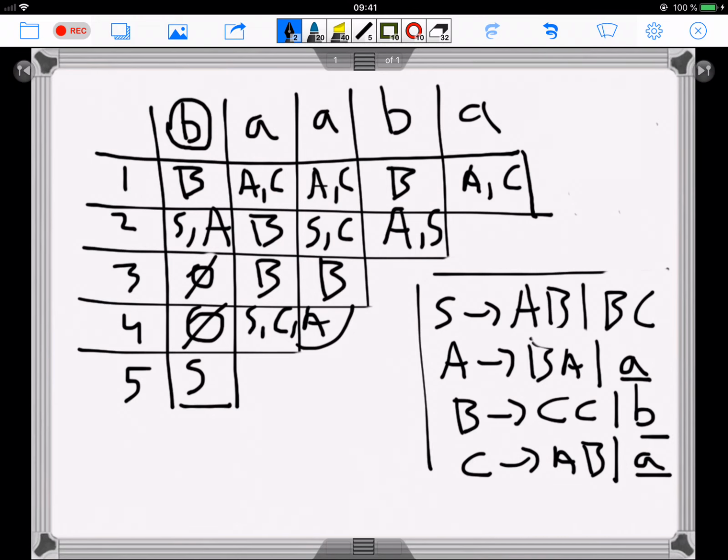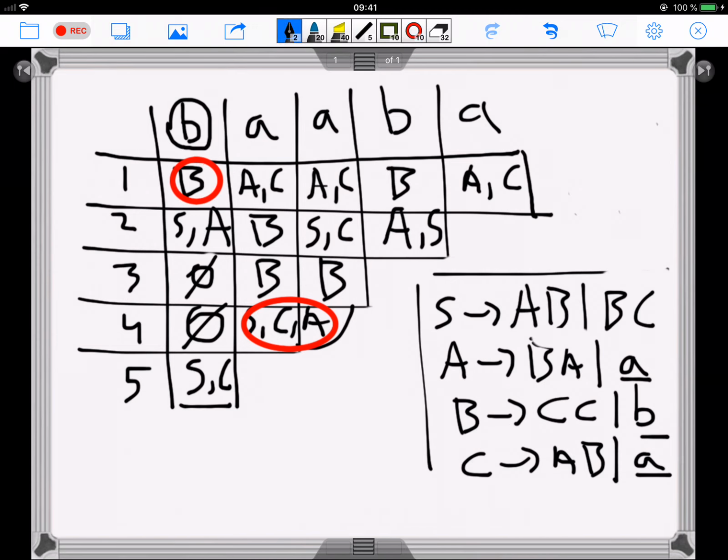Okay, so we have considered these variables with these variables, and now we need to consider these variables with this variable here. So SB, which is not generated, and AB, which is generated by S and also by C. Oh, and we also, sorry, we also need to consider BA.